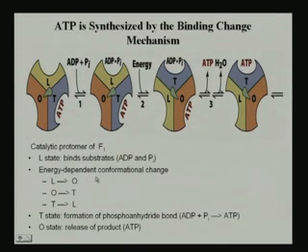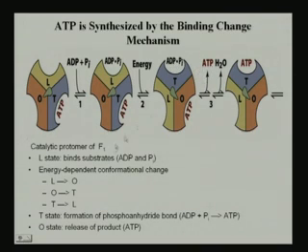When energy-dependent conformational changes take place, the L site becomes the O site, the O site becomes the T site, and the T site becomes the L site, and this way it keeps changing its conformation. In the T state, phosphoanhydride bonds are formed, resulting in the formation of an ATP molecule.